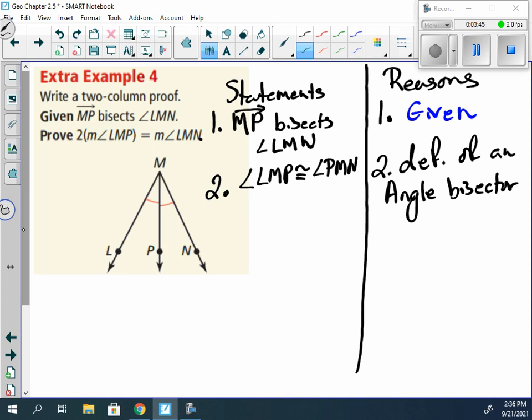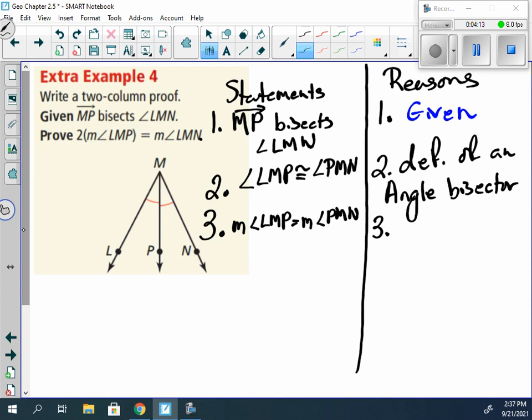So really, all we've done is start with the given information. What the given information told us is that it cut the whole angle into 2 congruent angles, yes? So that's just from that there. If these 2 angles are congruent, we know that the measures are the same. So the measure of angle LMP is going to equal the measure of angle PMN.